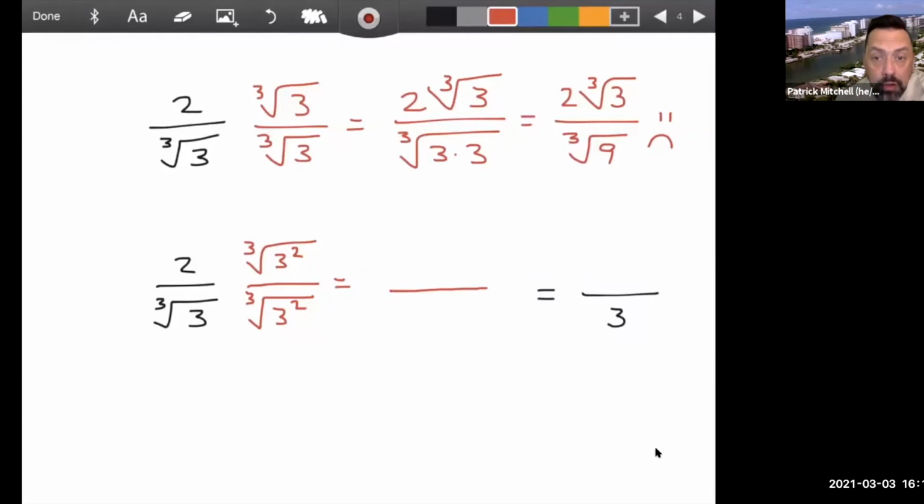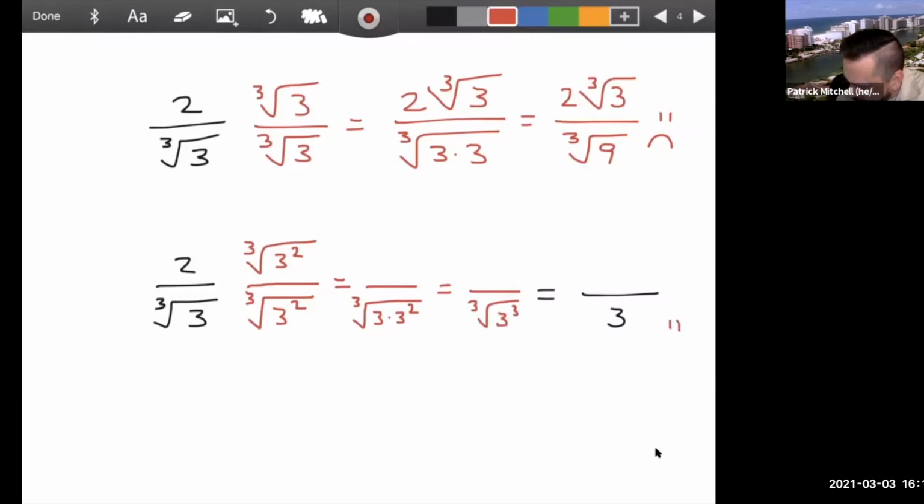So using the product rule, this would be the cube root of 3 times 3 squared. Well, guess what? 3 times 3 squared is 3 cubed. And I do know that the cube root of 3 cubed is 3.